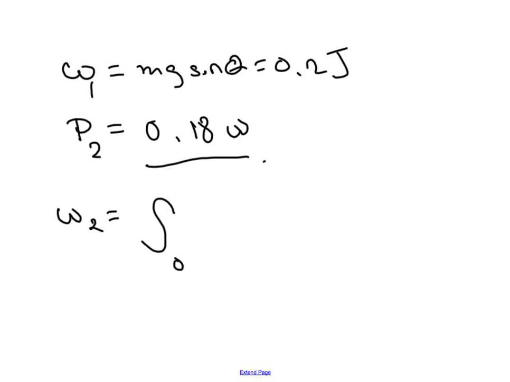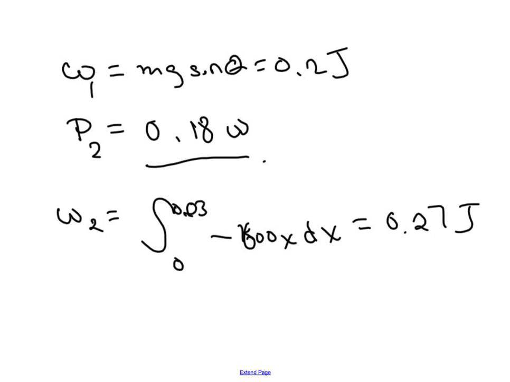The integral from 0 to 0.03 meter of minus k, minus 300 x dx, equals 0.27. Compared to our original data, it's pretty close.